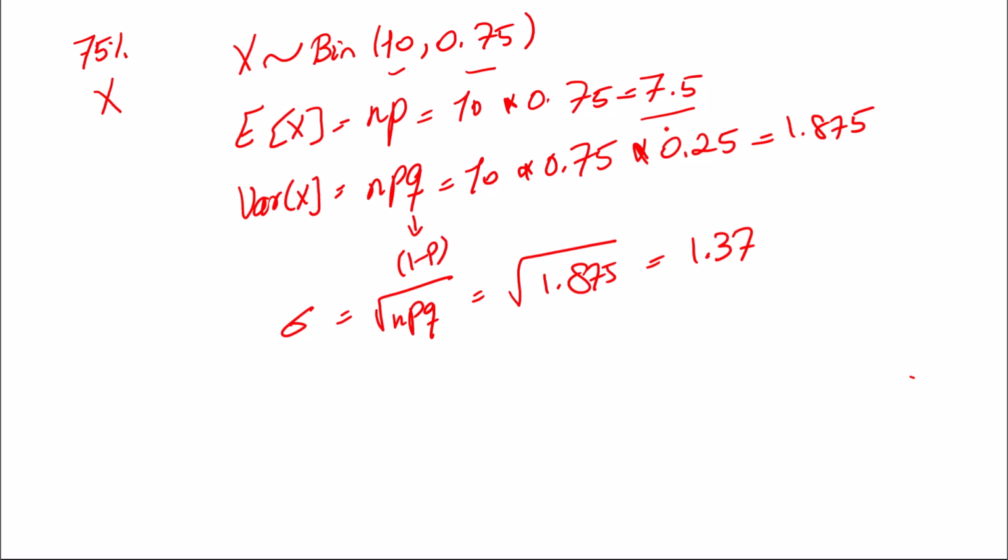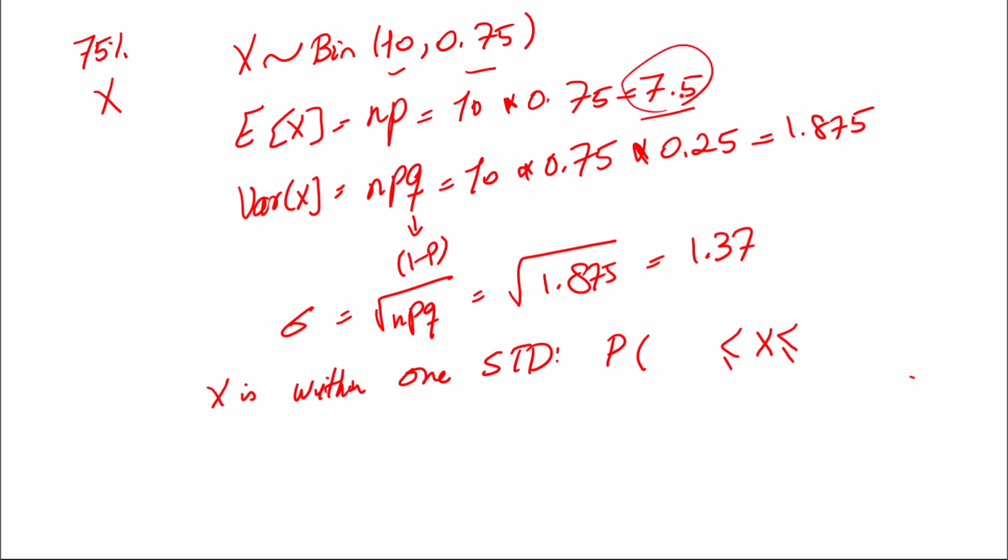So then, what is the probability that x is within one standard deviation? What does it mean? It means the probability of x between the mean and the standard deviation. We say expected is 7.5 and standard deviation is 1.37.